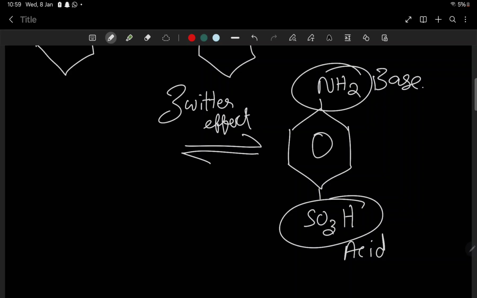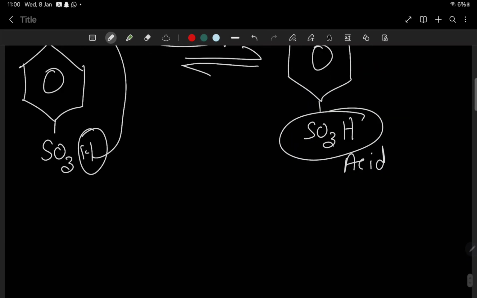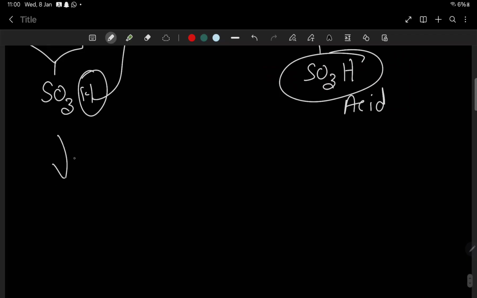Inside this compound itself, acid-base neutralization happens. We have SO3H and NH2. The hydrogen from this SO3H goes and attaches here, so we get a Zwitter ion.